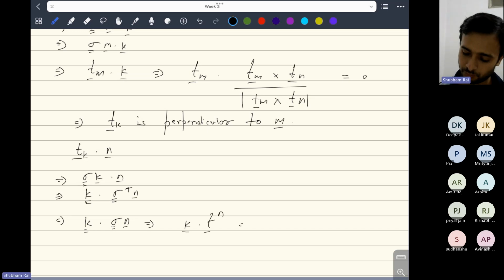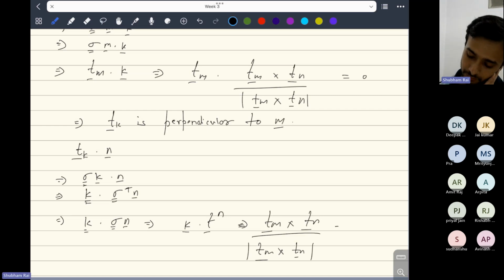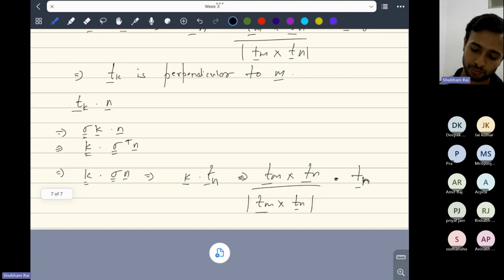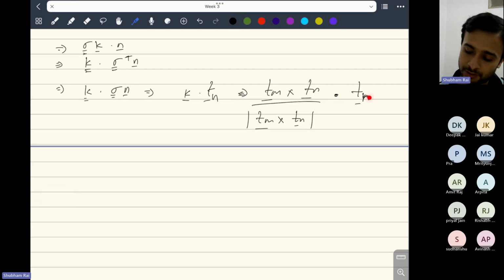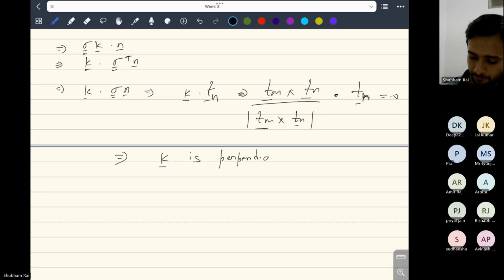If we now substitute the value of k, that is Tm cross Tn over magnitude of Tm cross Tn, dot with Tn, this will also be zero, because again it is a scalar triple product and two rows are the same.